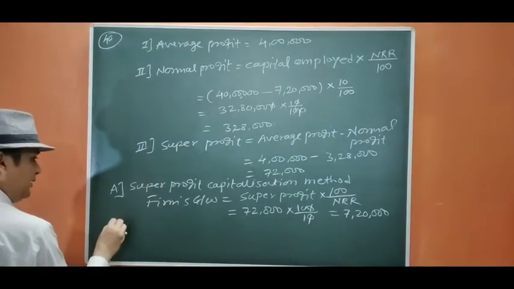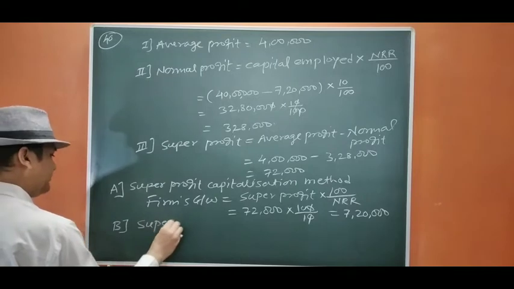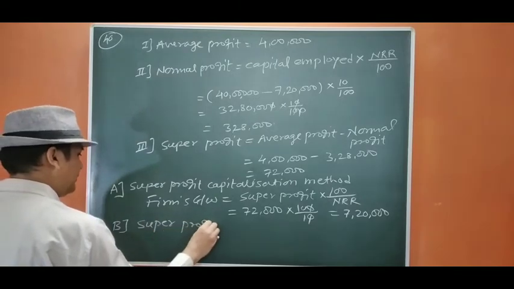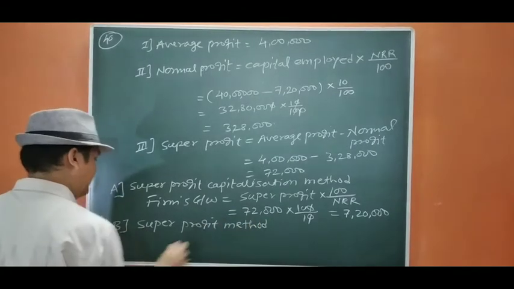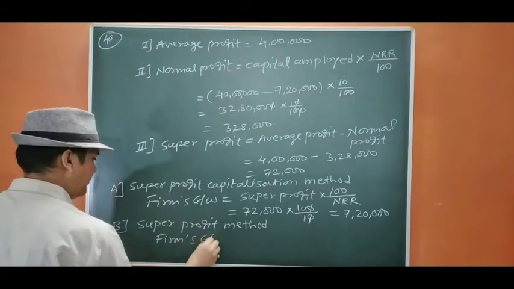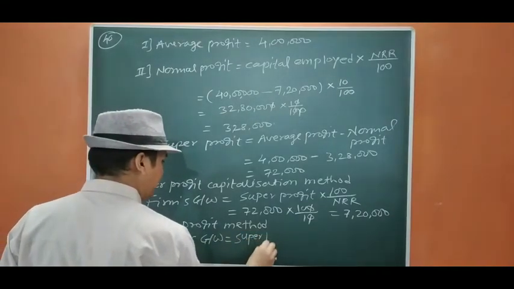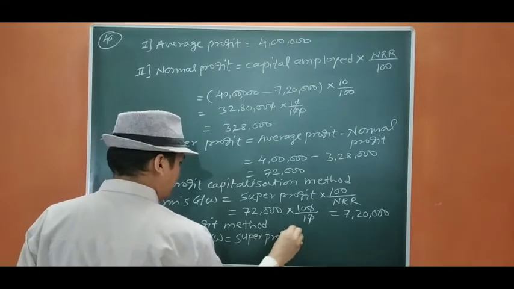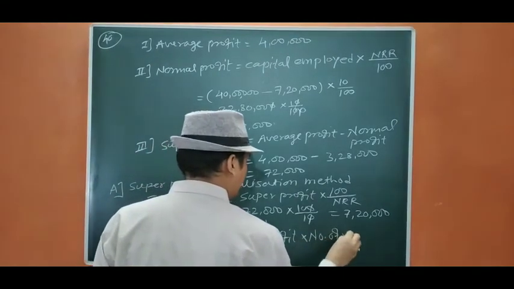The next one is B, only super profit method. This is not capitalization, this is super profit method. In that, firm's goodwill equals super profit into number of years purchase.